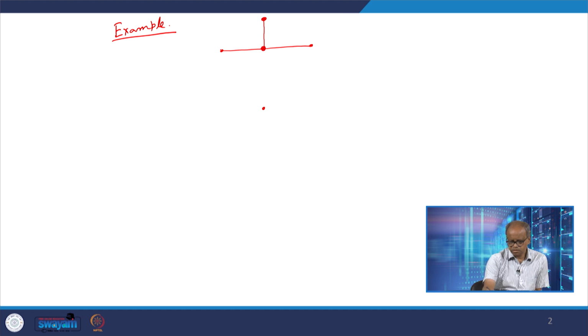I am just simply showing it for cross reference. So this was phase A conductor, phase B conductor, phase C conductor. This is 10 feet, this is 10 feet, this is 45 feet, this is 15 feet.